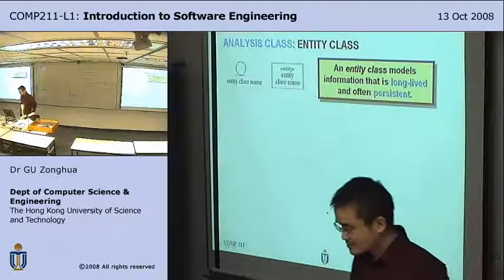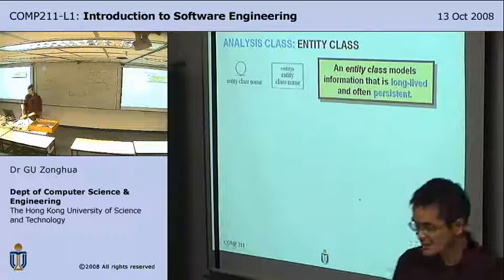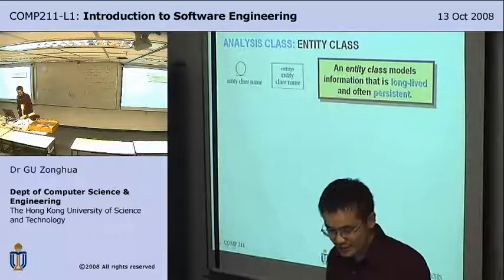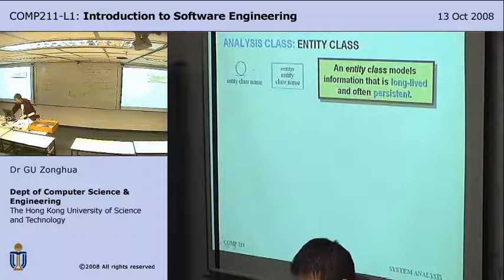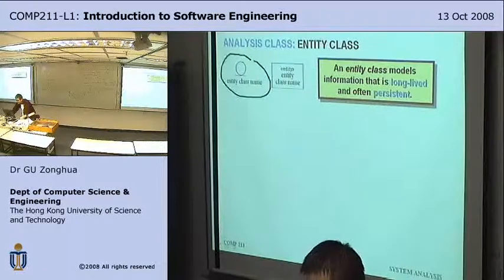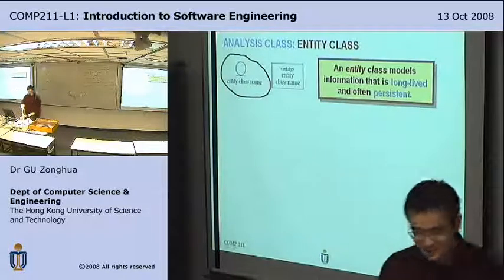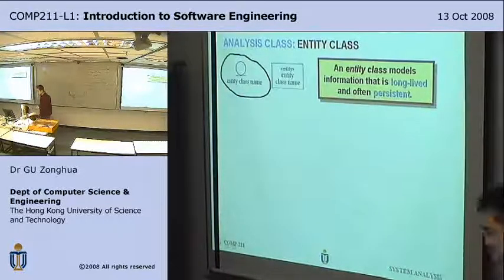Entity classes model information that's long-lived and often persistent. This is really database stuff. This looks like a ball sitting on the ground. It means that it is something concrete. It actually sits there, right?